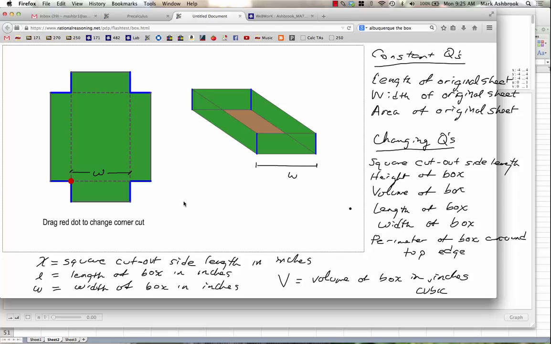So given x here like this, so this is actually x right here, right? What is W in terms of x? Do I know any names yet?